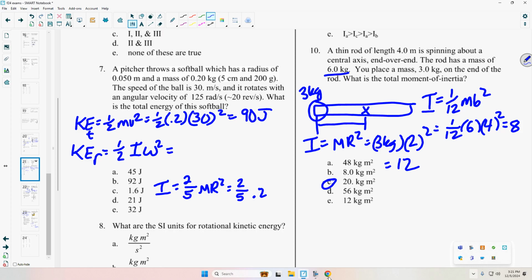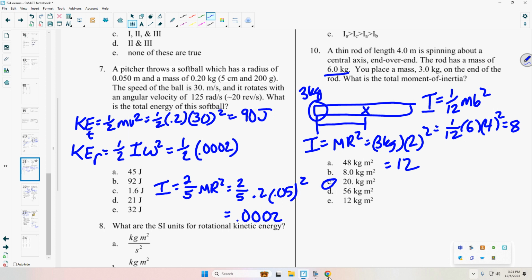R is 0.05. That's squared. Let's see. I get 0.0002. So it's 1/2 of 0.0002.